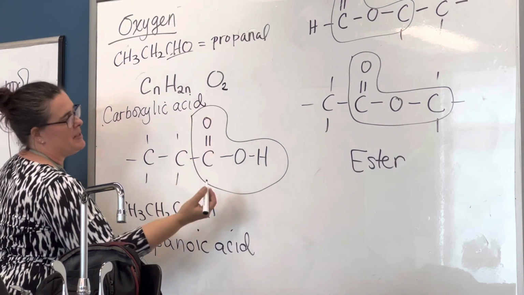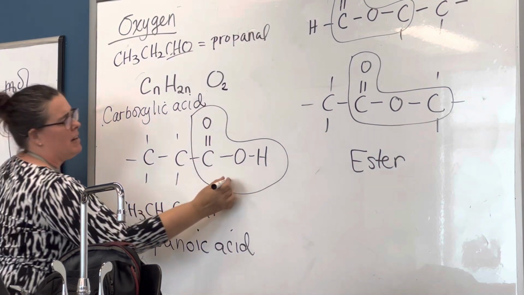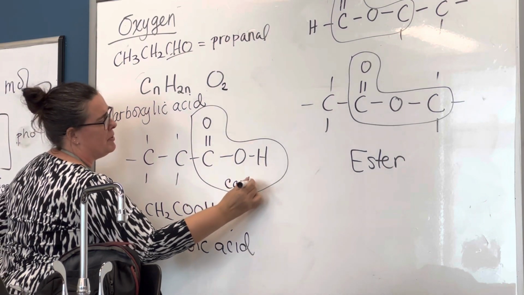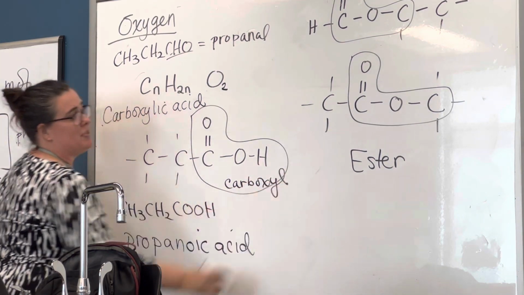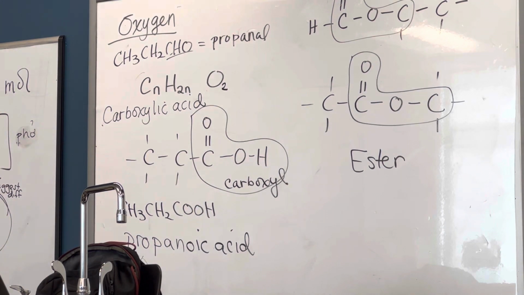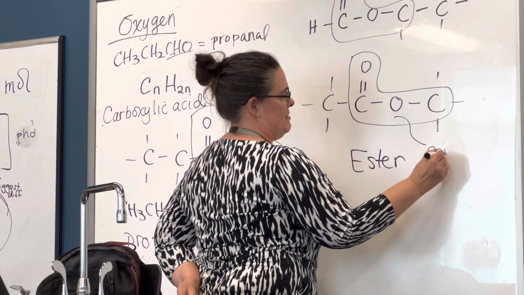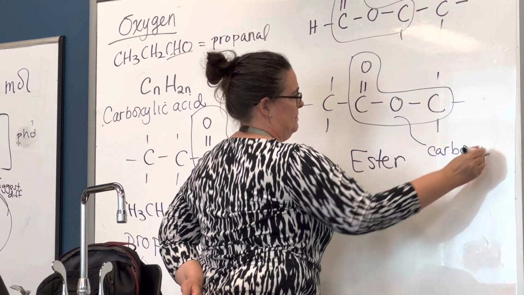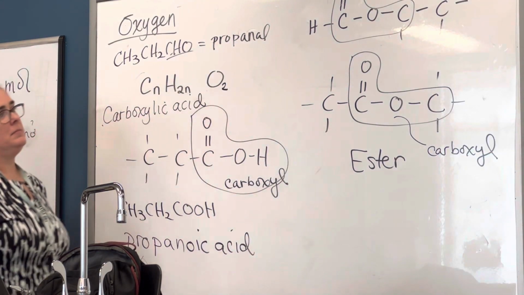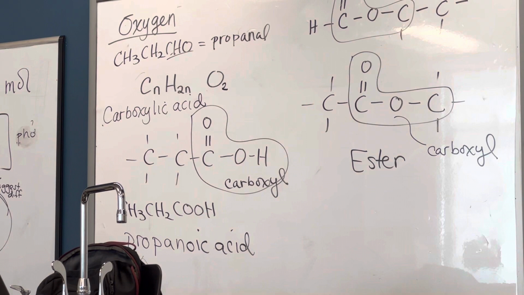This group is called a carboxyl group. And then what about for the one on the right? I'm going to call it carboxyl too because I don't have a better answer. And then the class is ester. That, 100%.